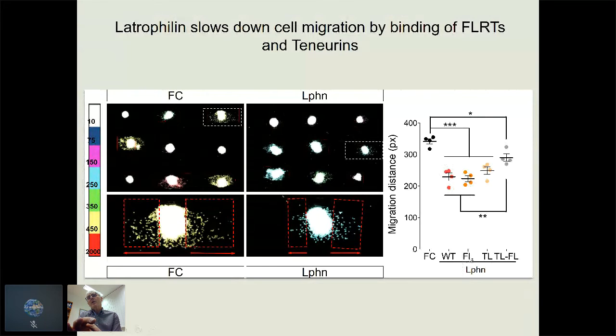We call these FL mutants. So this would be a FLRT-deficient latrophilin. He could see a similar effect in slowing down the migration. He would then use a Teneurin-deficient latrophilin, and he would also see a similar effect, only when he used a double mutant, a latrophilin ectodomain which can no longer engage with FLRT or Teneurin, this effect was at least partially rescued or not seen.